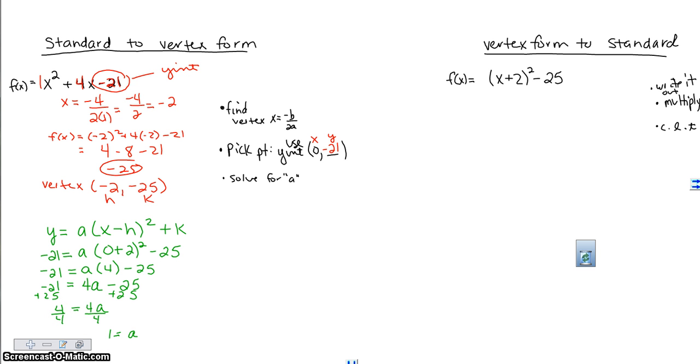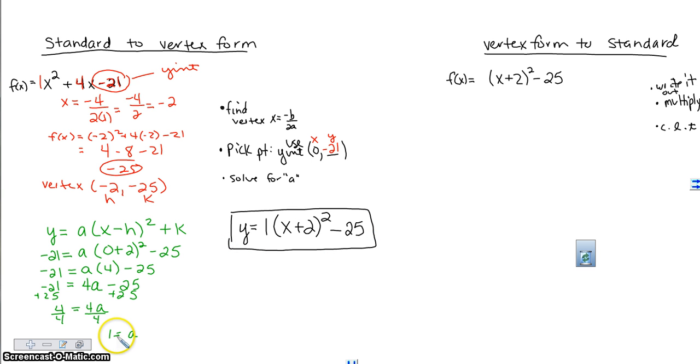Now I'm going to come back and write the equation. Y equals, representing all the points on my parabola. So 1 times x minus h, so plus 2, squared, minus k, or plus k, so minus 25. So here's my equation in vertex form.